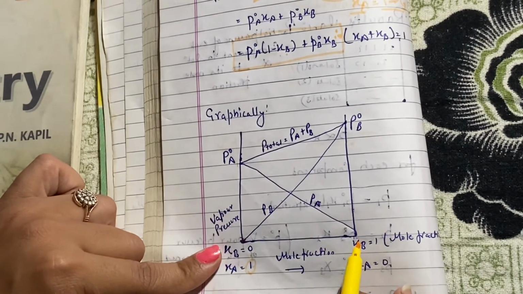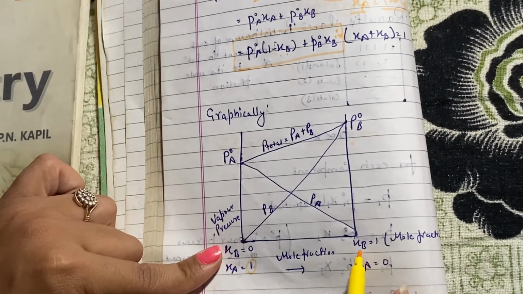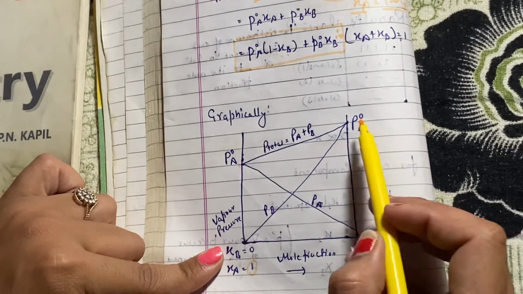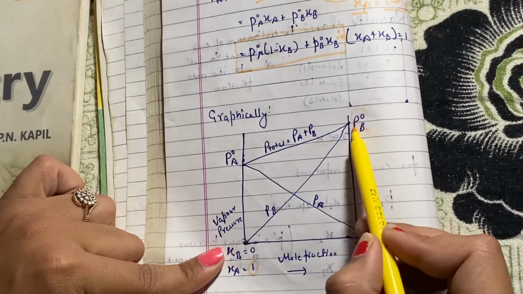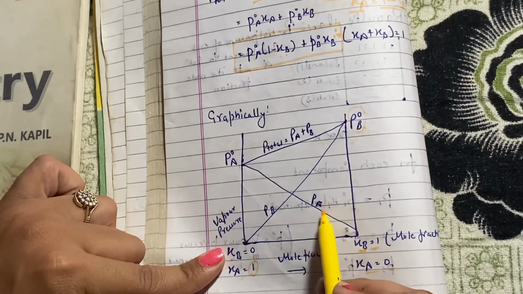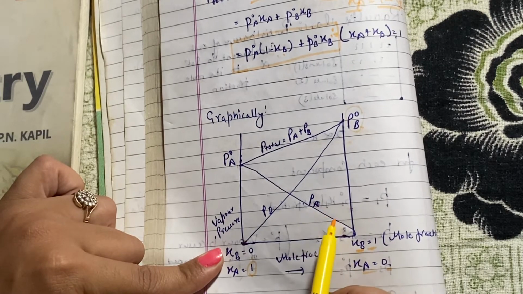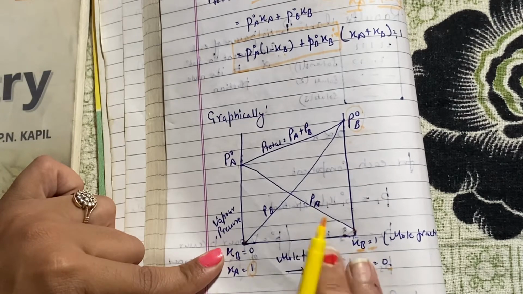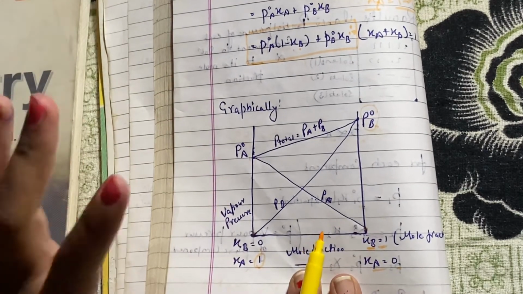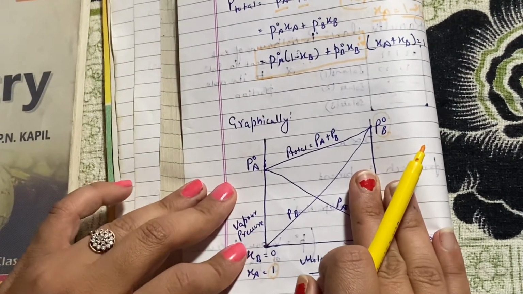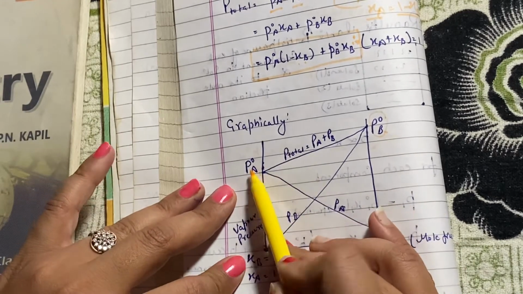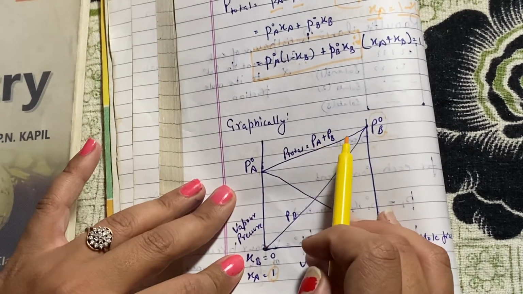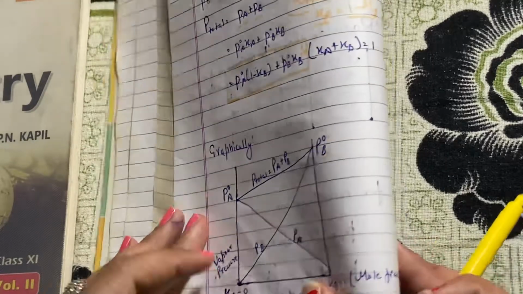Same if the mole fraction of component B is 1 and the mole fraction of component A is 0, then the partial pressure of B will be high and the partial pressure of A will be 0, and it decreases like that. So this is the graphical representation. And what is P total? P total will be PA plus PB. I think you understand it.